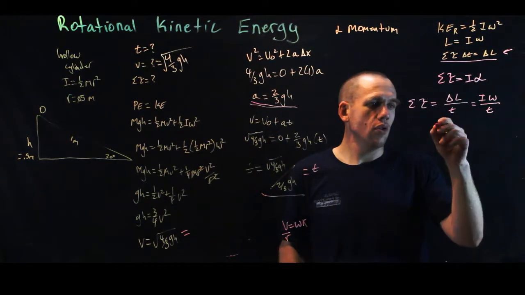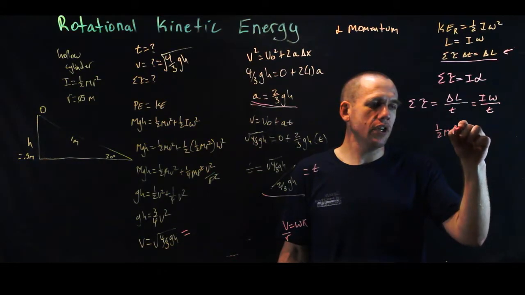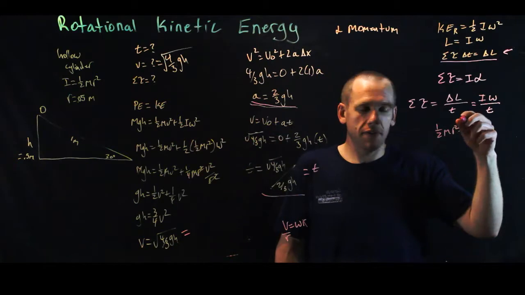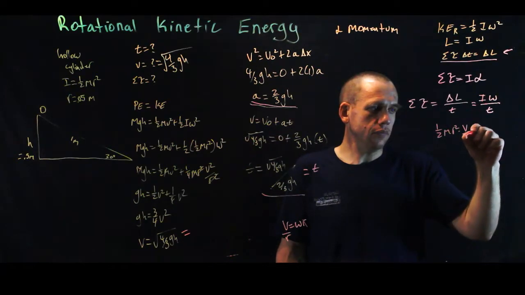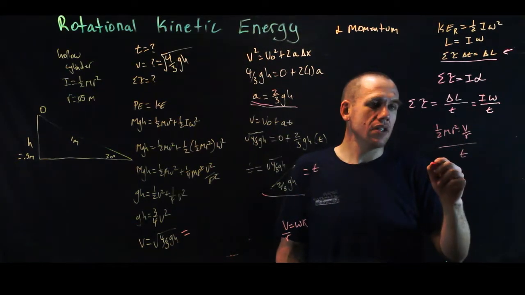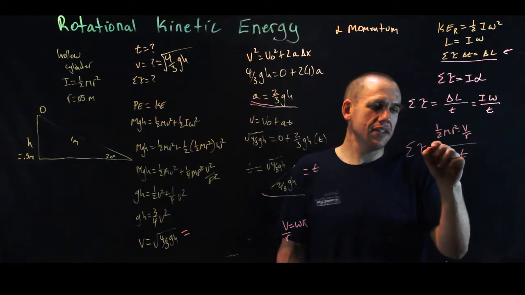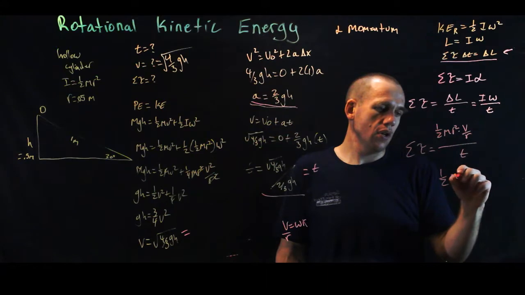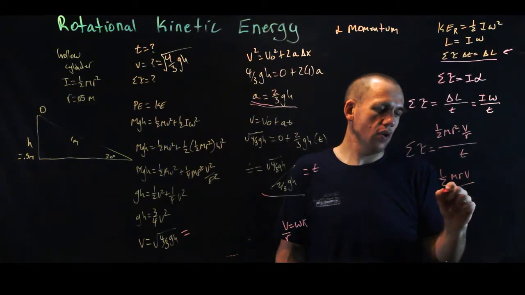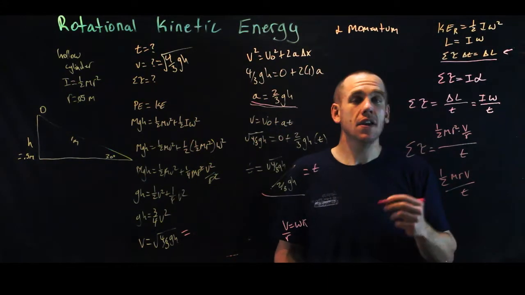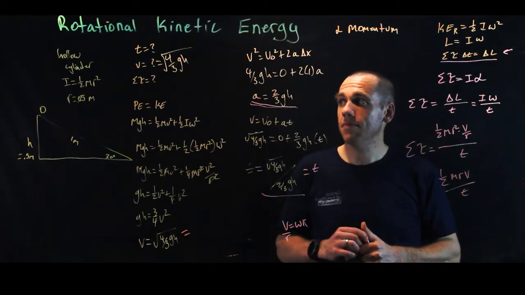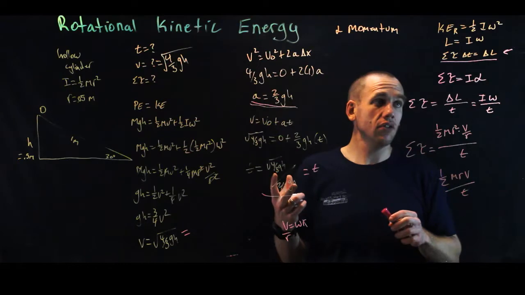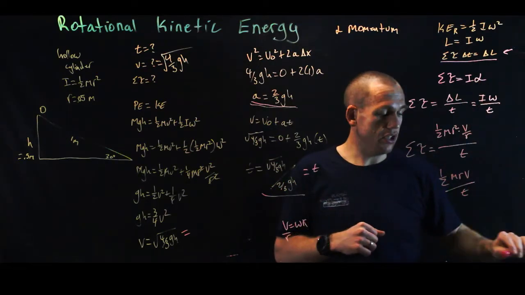So I would have 1/2 mr squared times omega, but remember omega is just v over r, and then I would divide that by time. So I would have the net torque is actually equal to 1/2 of mrv over t. Okay? So there you can use momentum to get your net torque, or you could use Newton's second law for angular motion and your angular acceleration to get your torque.